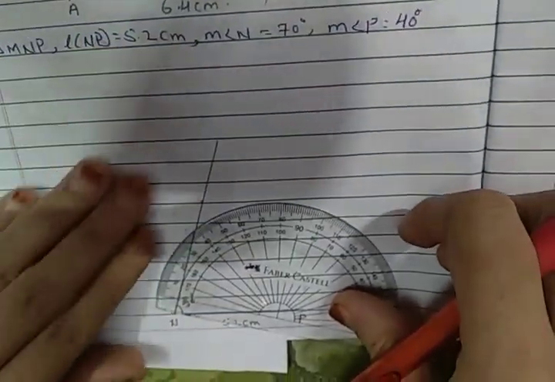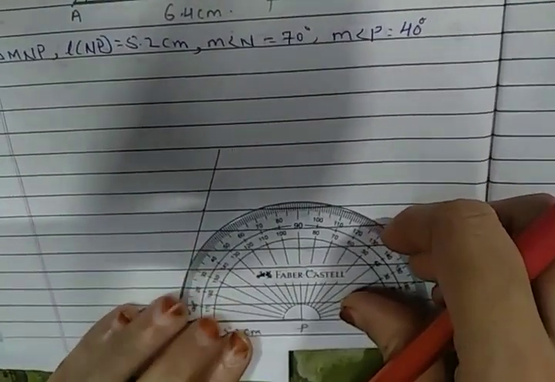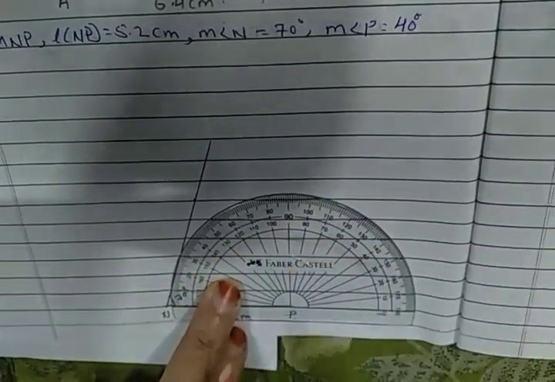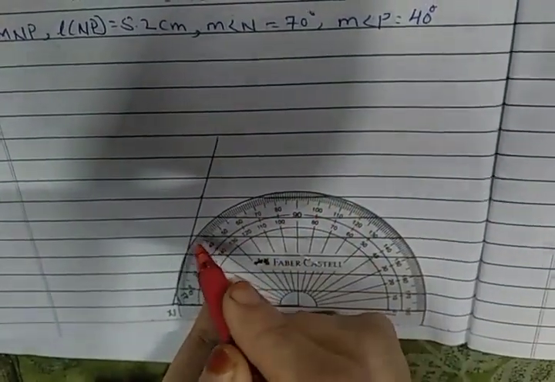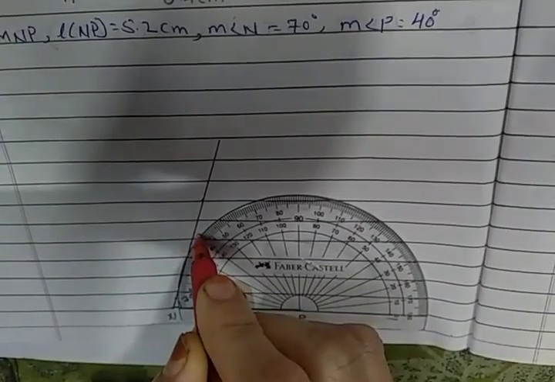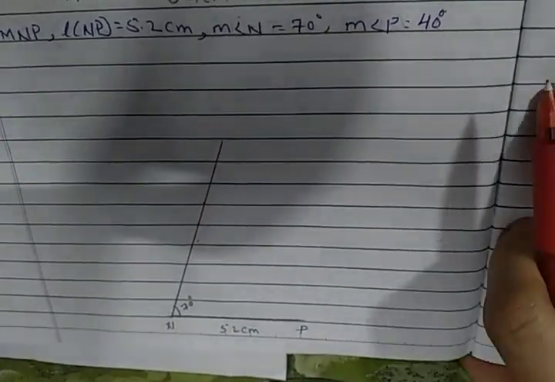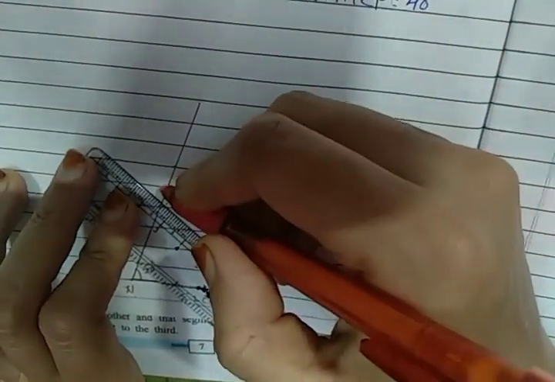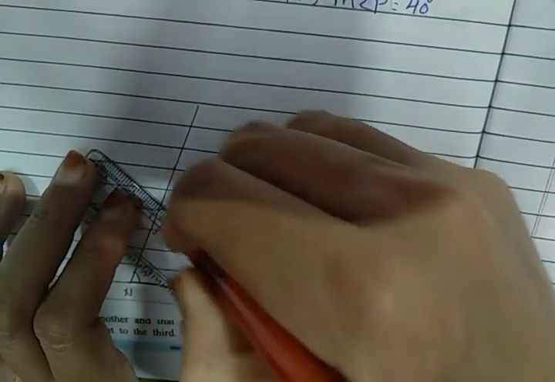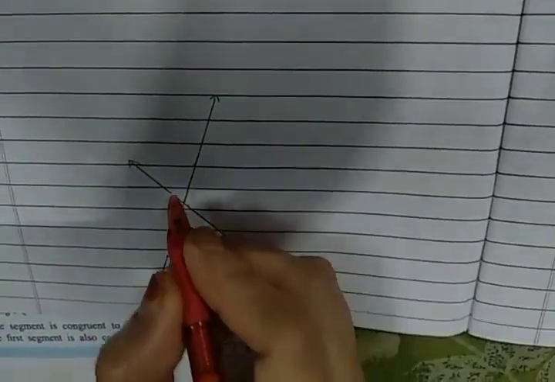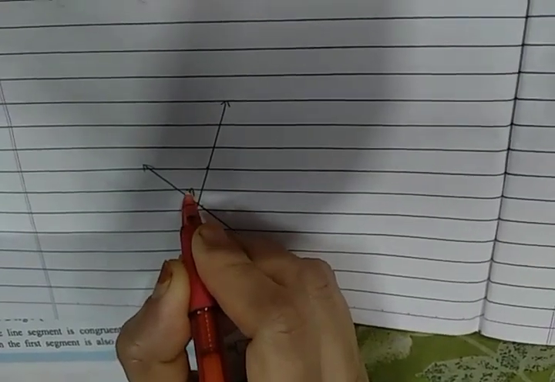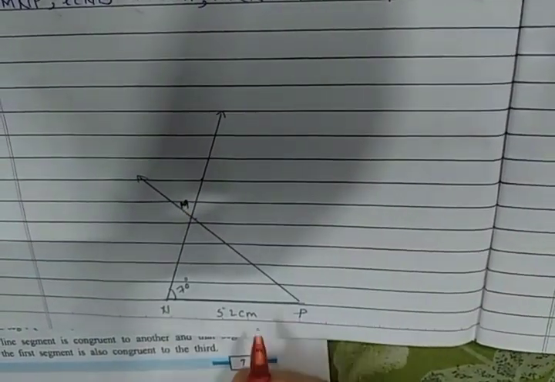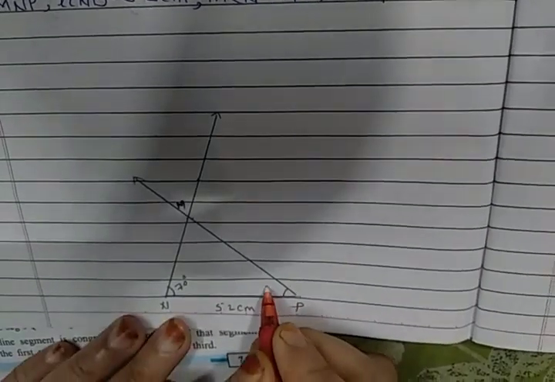So place the protractor on point P. Where is 40 degree? See this upper one, 40 degree. It will be here. And draw a line like this. Can you see? This is point M.